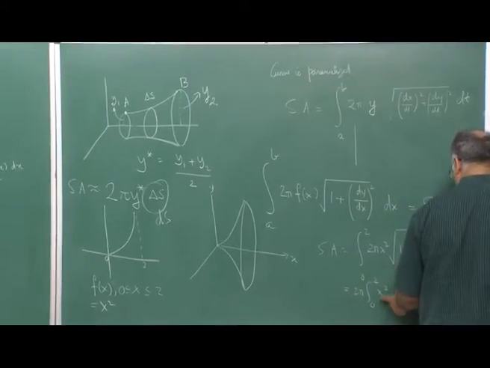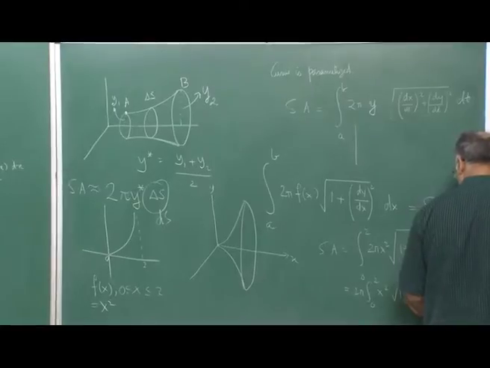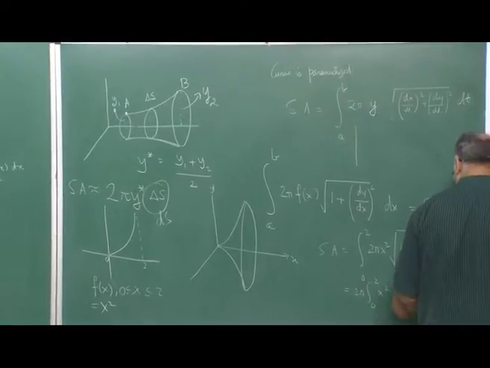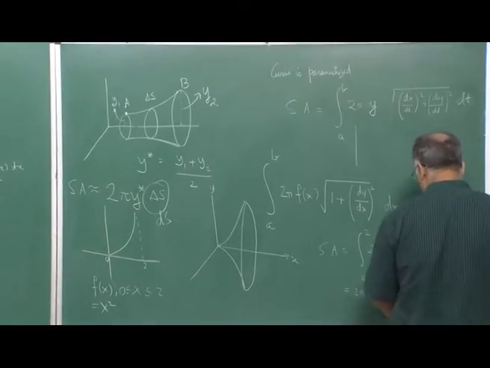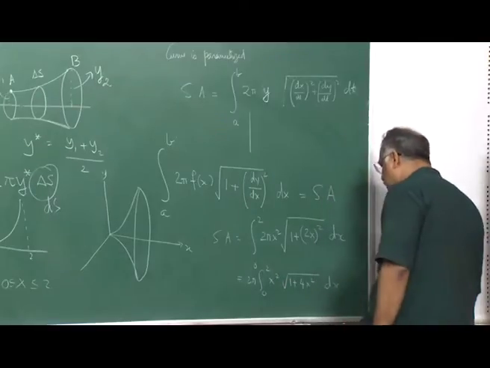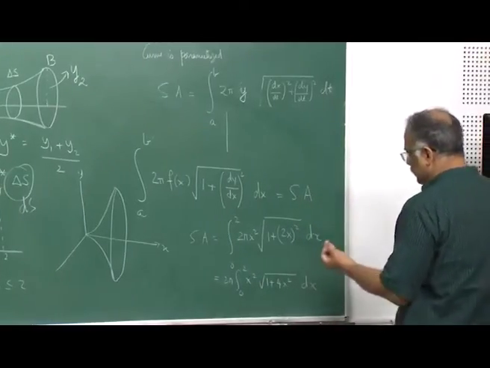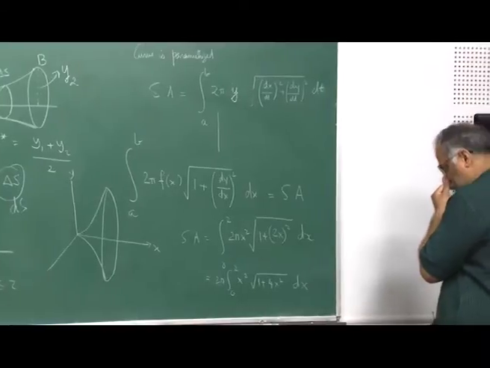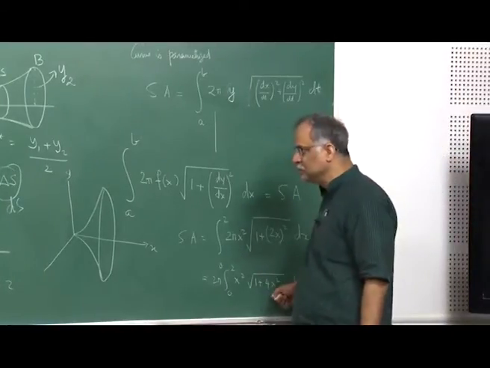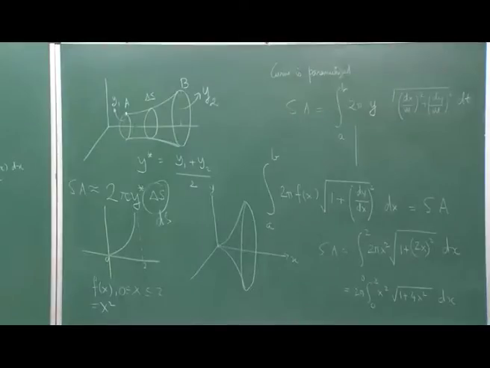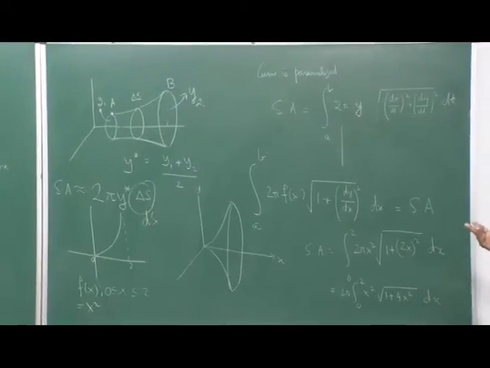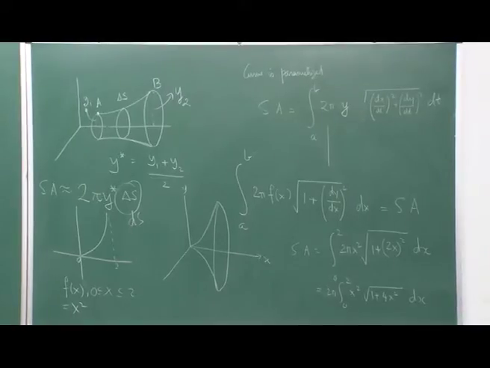If I integrate the root out, then some cube will come. But if I try to integrate the square root of 1 plus 4x² dx, I do not know a function whose derivative is this, so you cannot do it in elementary terms. You see a very simple looking function gives rise to a surface area which cannot be computed directly in elementary terms.